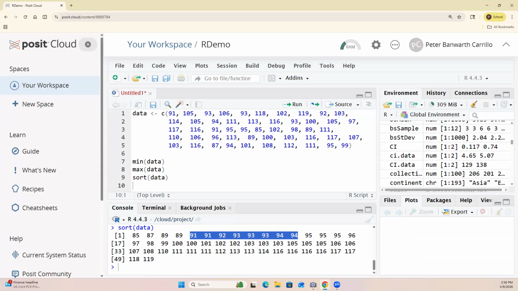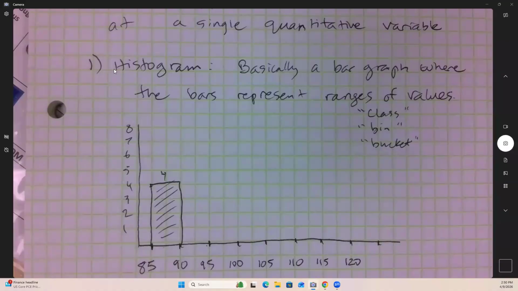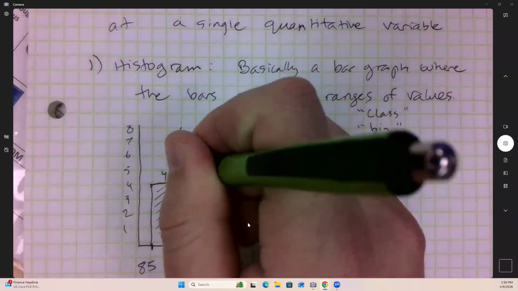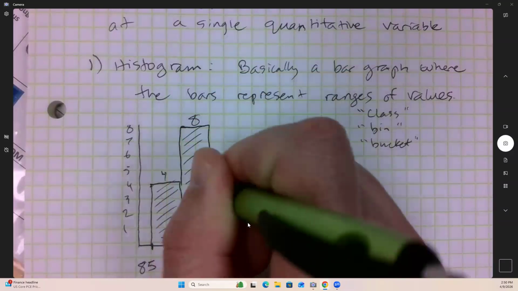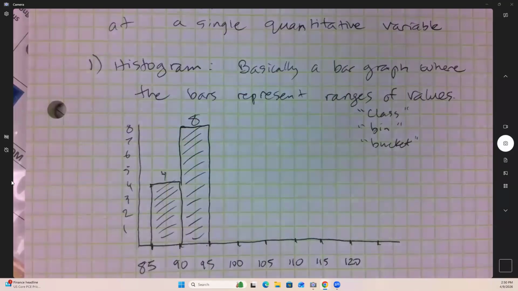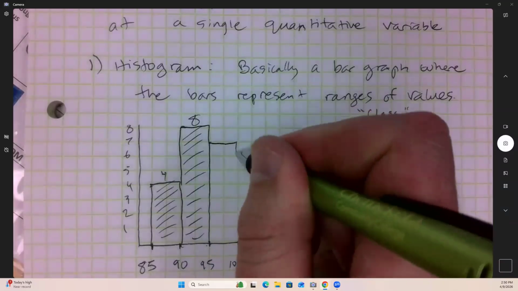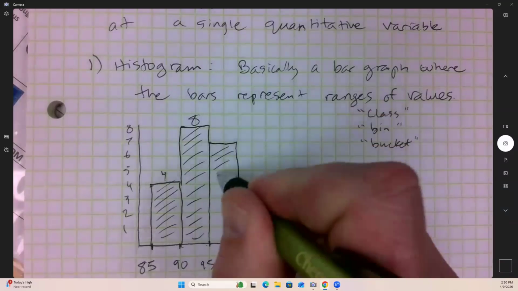So let's do this once by hand. What I'm going to do is pull this over to my other screen. You won't see it, but that's okay. I can tell you that there are 8 of them in our next bucket. And then there were 7 of them between 95 and up to, but not including 100.